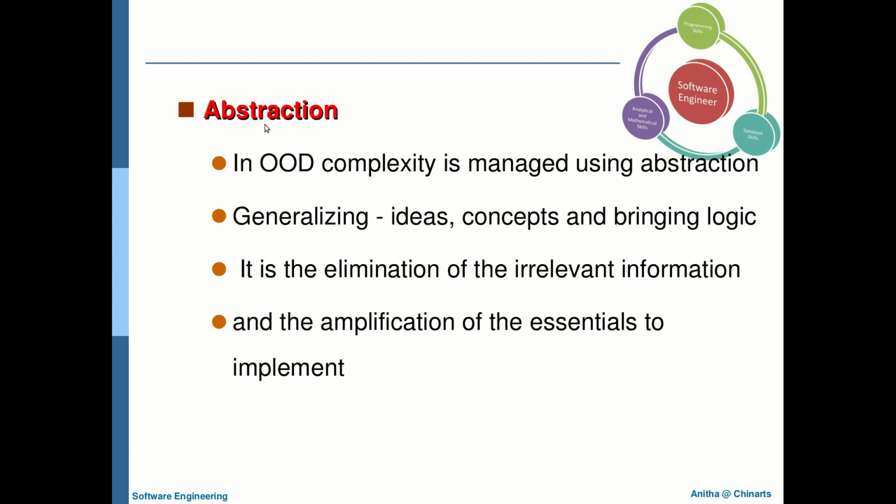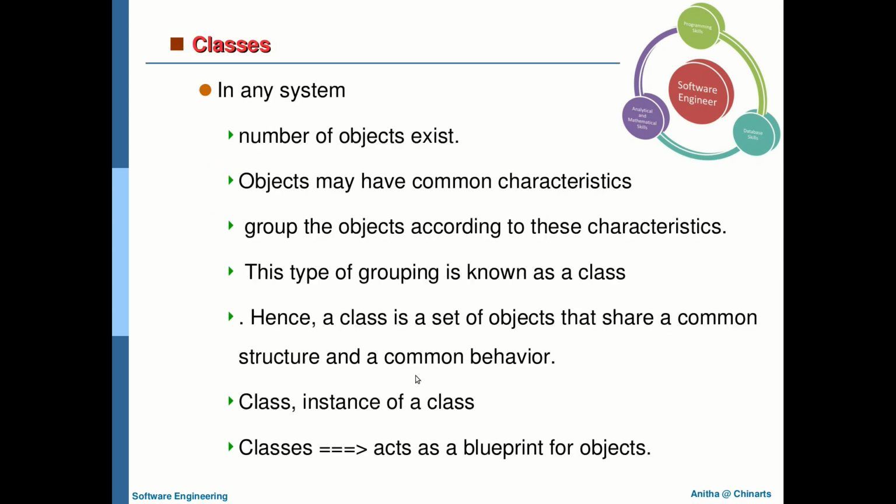The details that you give to the abstraction will be used for the communication process, for the definition process. As I said, it is the elimination of irrelevant information and the amplification of the essentials. What is important for that particular object to be defined will be specified in the abstraction. That is why we say classes are nothing but the abstraction of the objects.